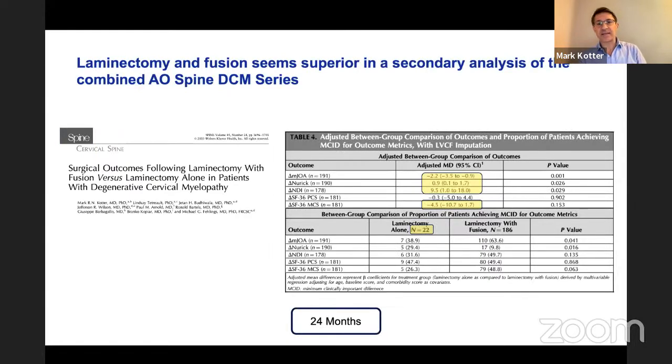Here, this is some data that we analyzed as part of the EU Spine North American International Studies. And this is a study that had a very low number of patients undergoing laminectomy only, as compared to a very high number of individuals that underwent a laminectomy and fixation.